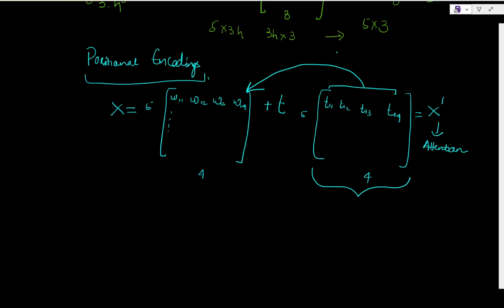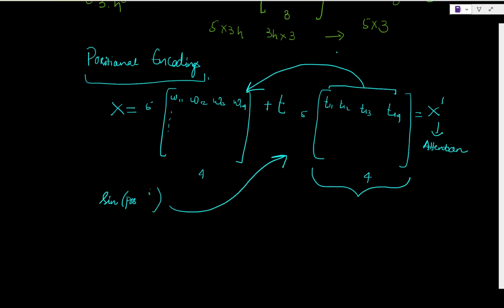I'll not go into the exact mathematical equation, but roughly speaking, they have used something like sine of position, and if I remember correctly, the position of the word is important and the dimensionality is important. For understanding purposes in this video, all that suffices is to know that a sinusoidal function has been used by the authors to build this timing matrix.